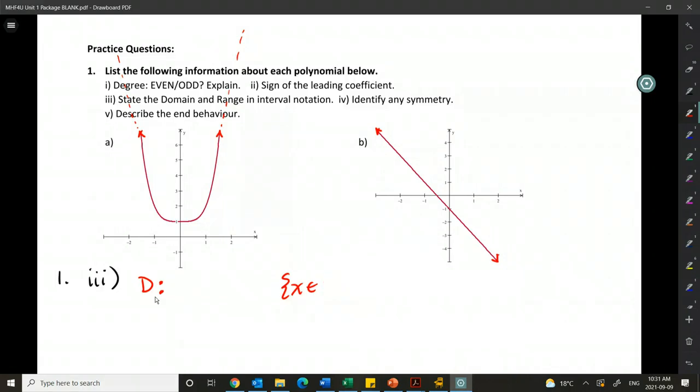Now, because it's literally everything, I want to say everything from negative infinity to positive infinity. So I'm going to say it like this, round bracket, negative infinity, lower boundary, upper boundary, infinity. Always with round brackets on any negative infinity or positive infinity. I'm just saying it's everything. X can be anything, right?